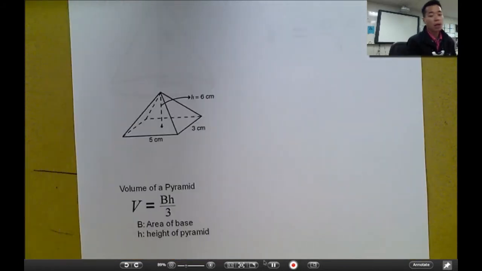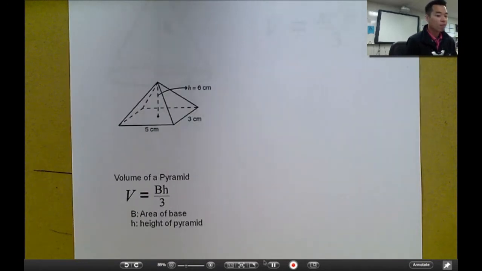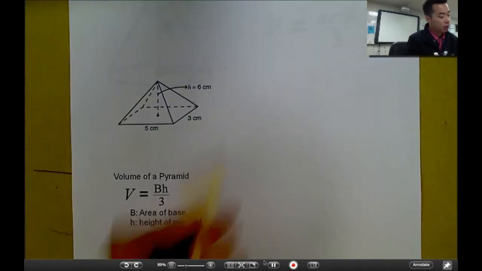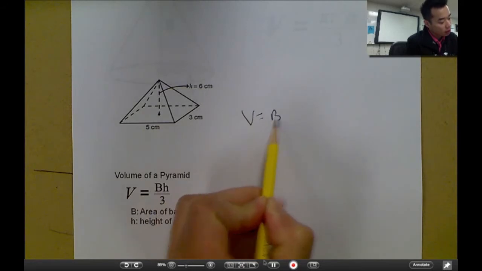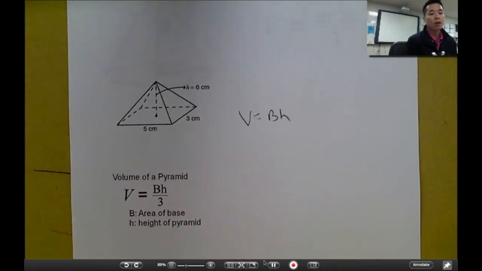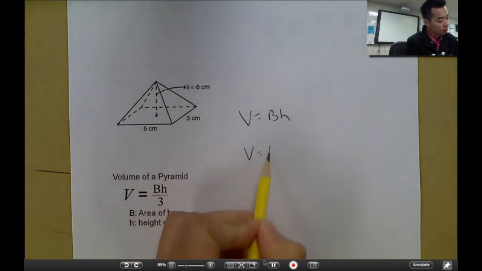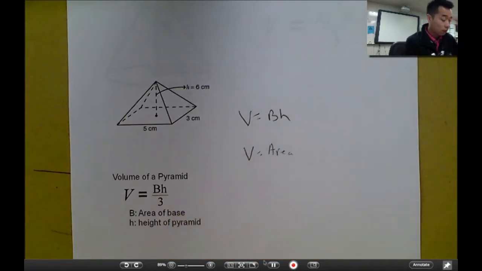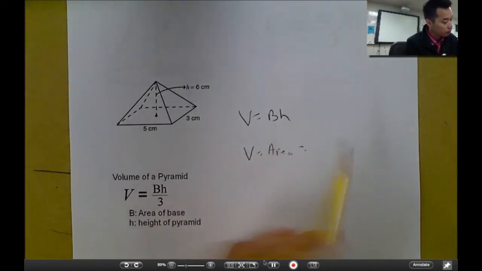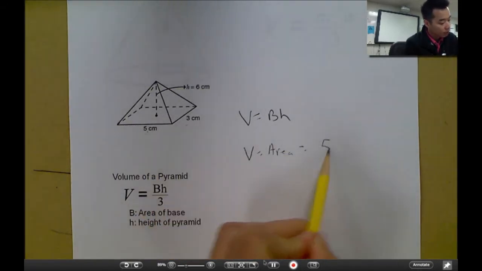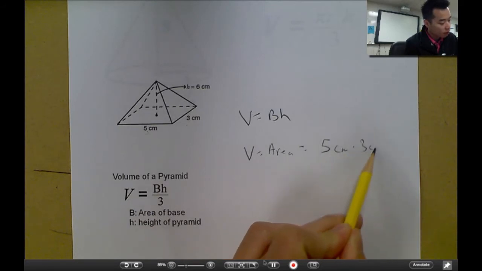So let's do the first one, finding the volume of this rectangular pyramid. First thing I always do is write down the area of the base. This is a rectangle, so you know that the area of this would be 5 by 3, 5 centimeters times 3 centimeters.